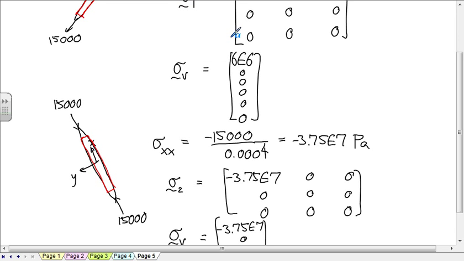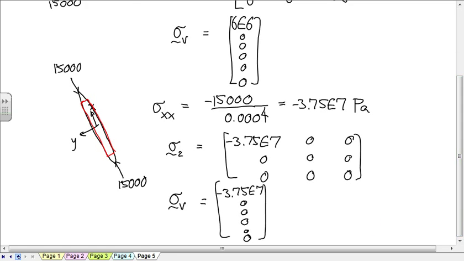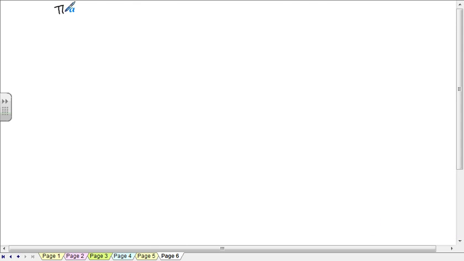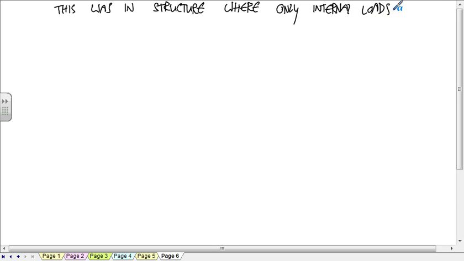Okay, so this was in a structure where the only internal loads are tension and compression.